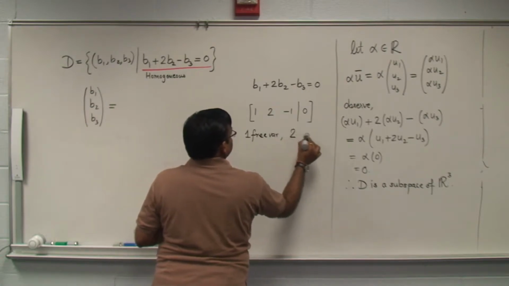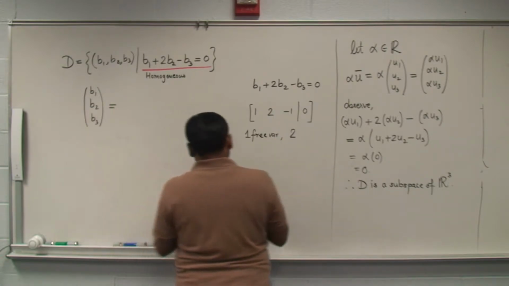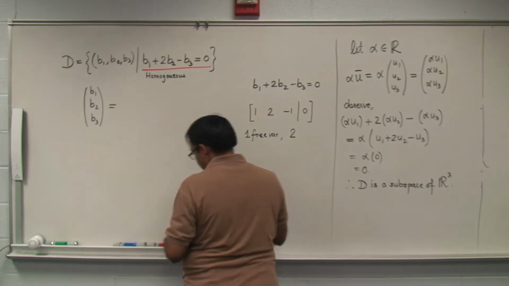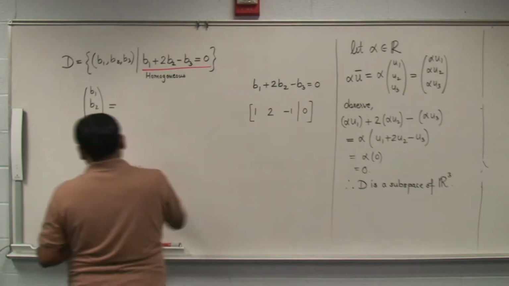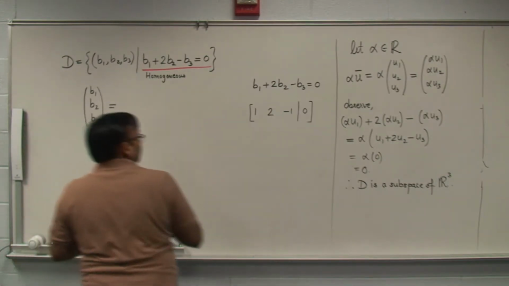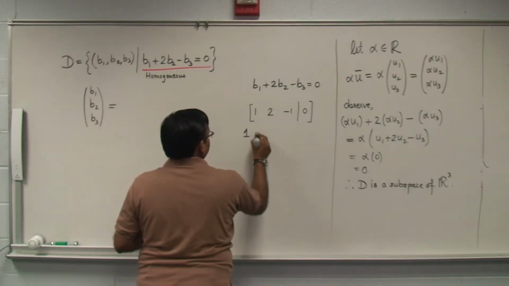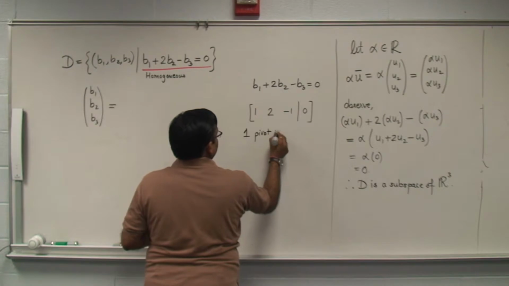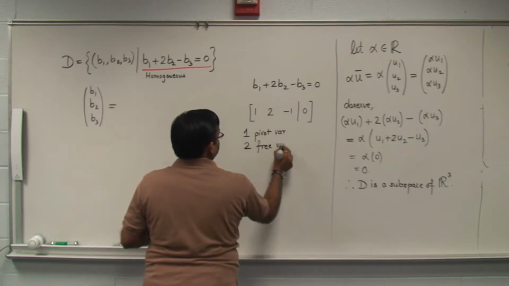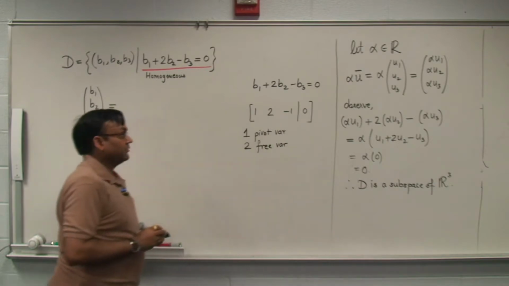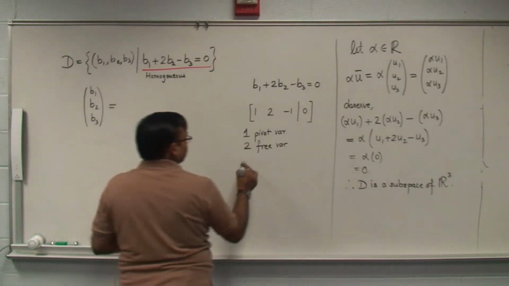We have one pivot variable and two free variables. Remember, we express pivot in terms of free.